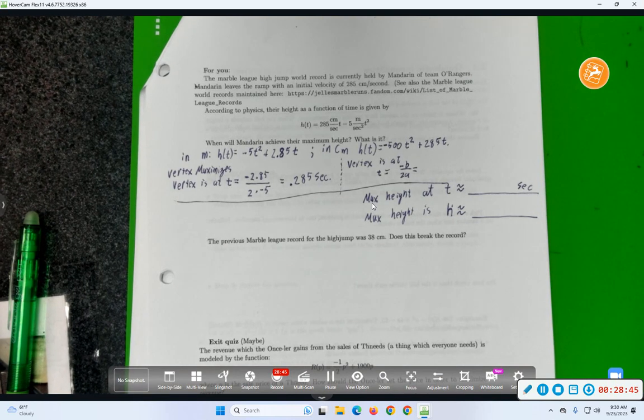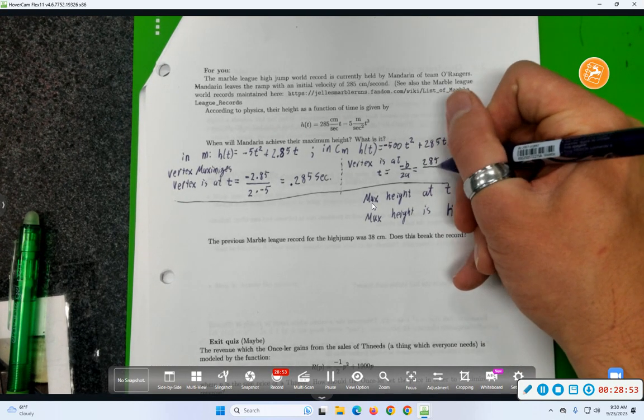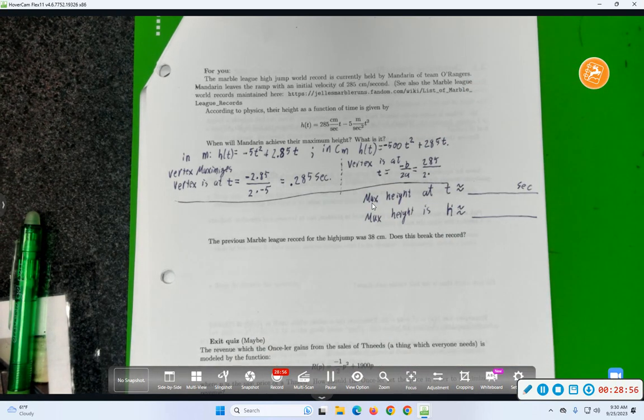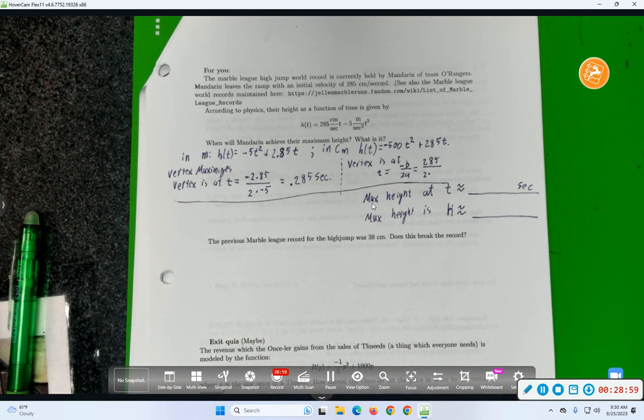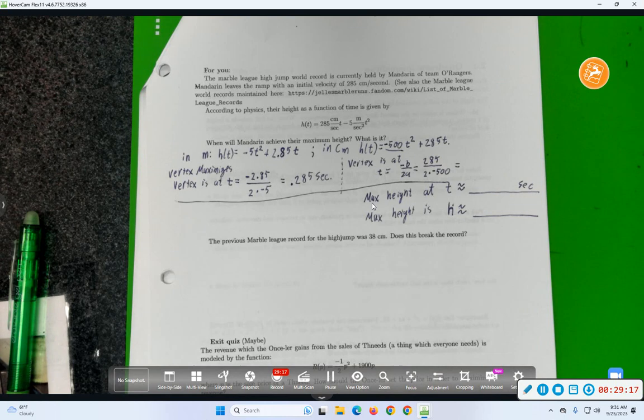What should I take for b? 285 divided by 2 times, this is the thing that's A. Is it also clear that that's just 0.285? Yeah, because you're dividing by this times 1,000, so you move the decimal place back.